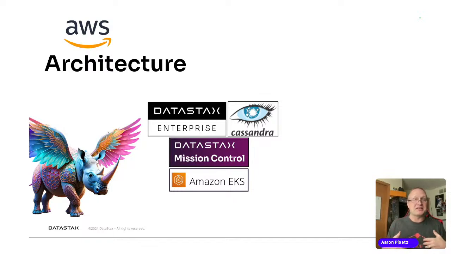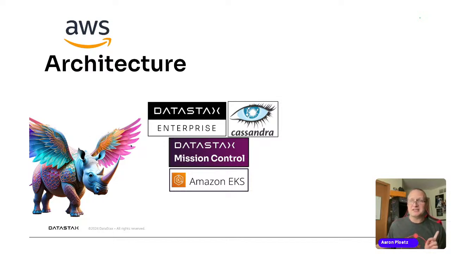It runs on top of Amazon EKS. Inside of Mission Control, we can decide, hey, maybe I want to deploy a Cassandra cluster. Maybe I want to deploy a DataStax Enterprise cluster. Maybe I even want to deploy that new hyperconverged database, or an HCD cluster. You can do all that really easily and seamlessly with DataStax Mission Control.